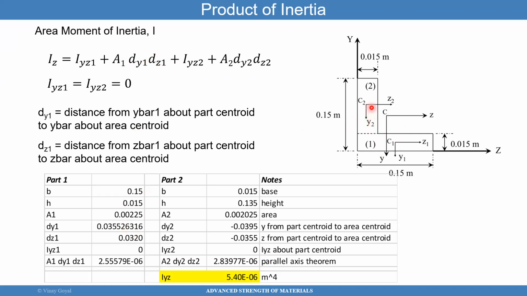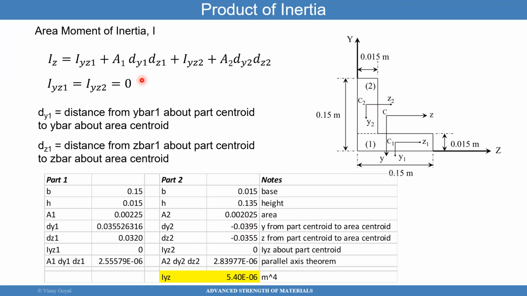And then for part 2, you know the coordinates of this point, you know the coordinates of this point, so you can determine what is that distance there and what is this distance here. So that's this number and that number. I did it here for you, these two numbers. I know the area.